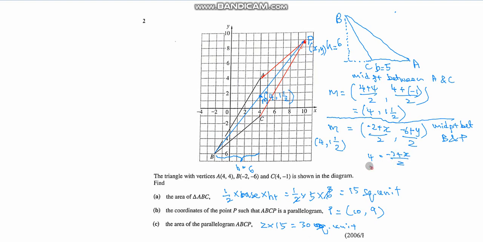Bring over, it becomes 8 equals minus 2 plus x. Therefore x equals, bring over plus, so it becomes 10. So let's check. Yes, x is 10.